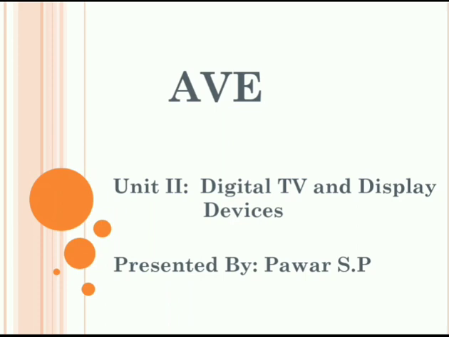After that, component is subdivided as MAC, that is multiplexed analog component technology, and advanced DTV technology. In the advanced, we have seen ATSC, DVB and ISDB. All this classification of television transmission we have seen in detail.